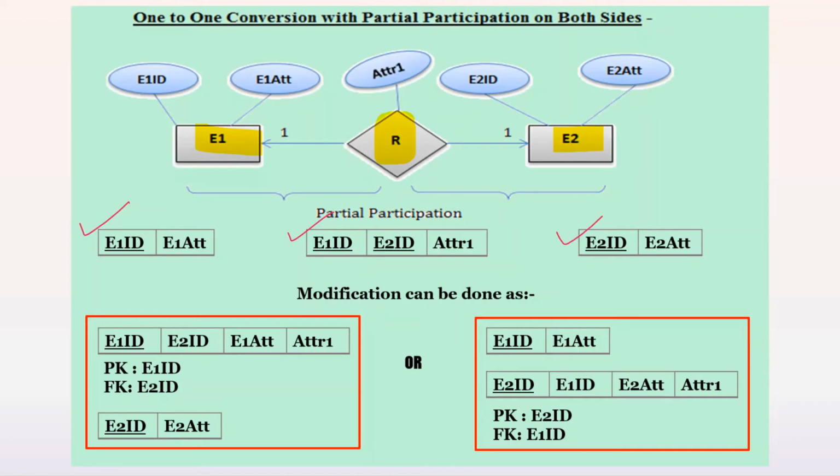The relationship table is going to have the IDs of both participating entities and the attributes of the relation also. But to convert this type of relationship into equivalent tables, we can have 2 tables, as either we can involve E2 with E1 or E1 with E2. Both options are available.